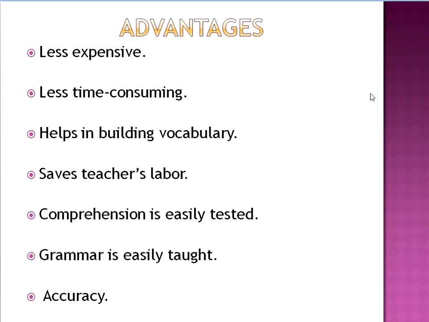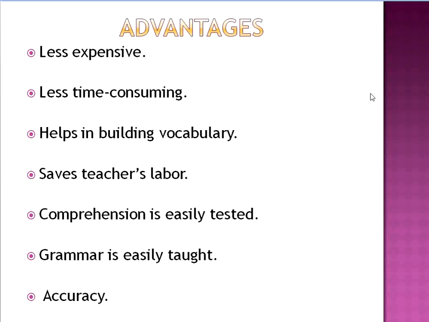So let us discuss one by one. What is the first point? It is less expensive. Now the question is why we can consider grammar translation method as a less expensive method. While teaching the students, the teacher, in a sense, will have to use different aids to make the students understand.